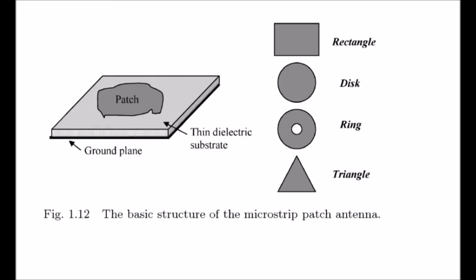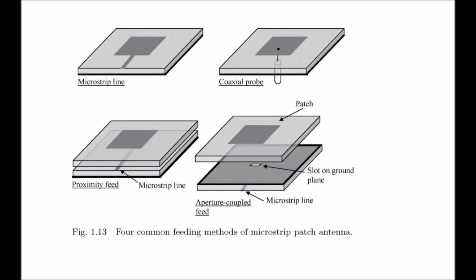Here's the picture. The basic structure of the microstrip patch antenna is a ground plane, a thin dielectric substrate, and a patch, which can be a rectangle, disc, ring, or triangle. Here's another caption and a figure, Figure 1.13.